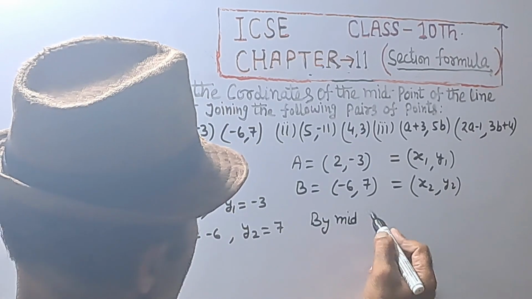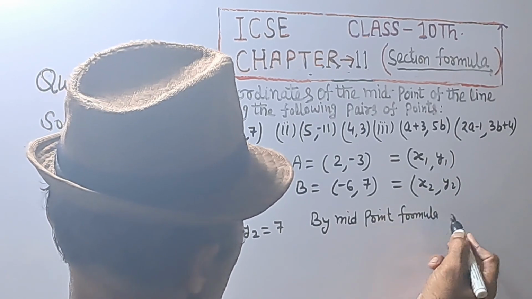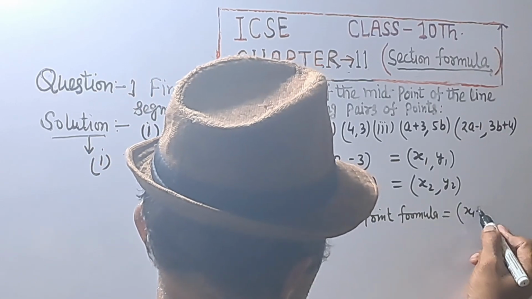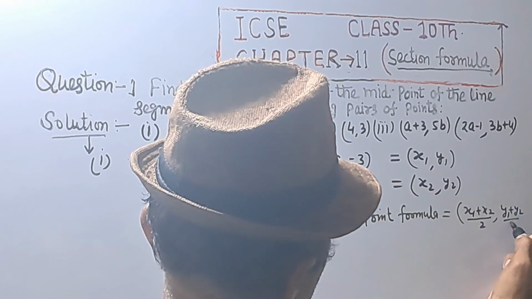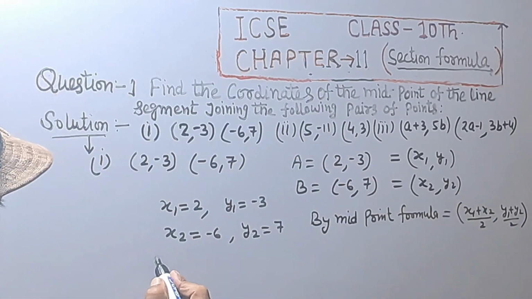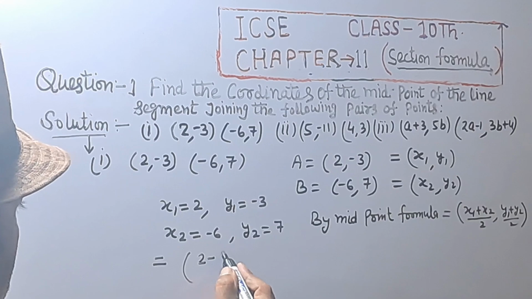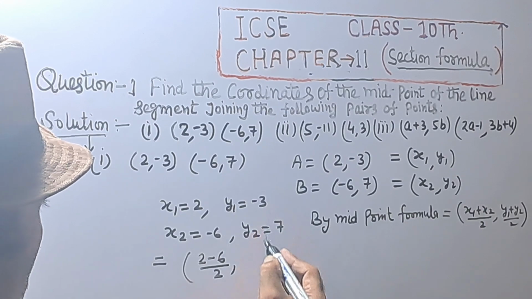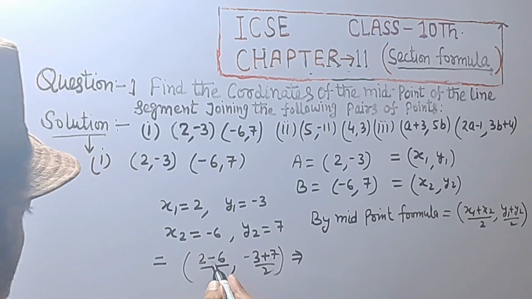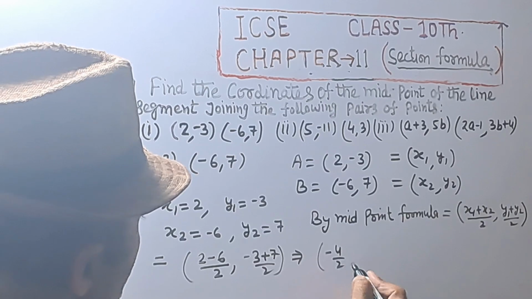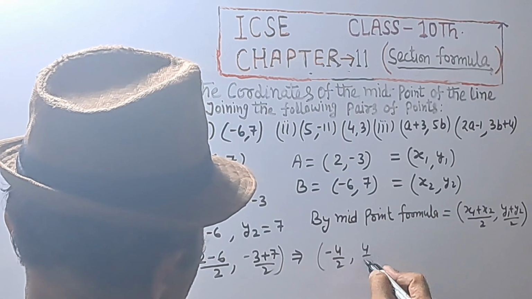By midpoint formula, that is x1 plus x2 upon 2, y1 plus y2 upon 2, is equal to 2 minus 6 upon 2, -3 plus 7 upon 2, which implies -4 upon 2, 7 minus 3 is equal to 4 divided by 2.